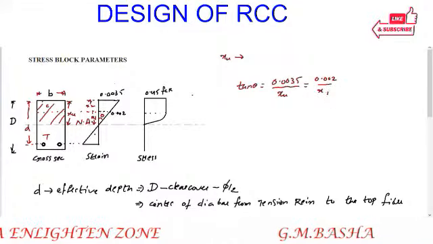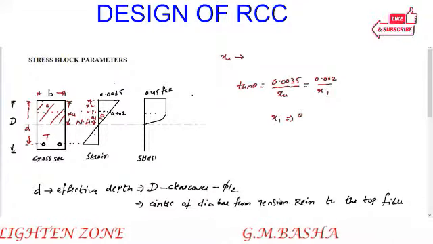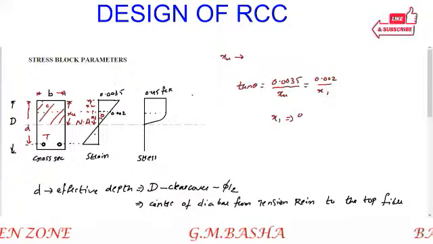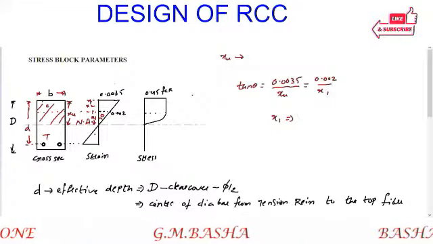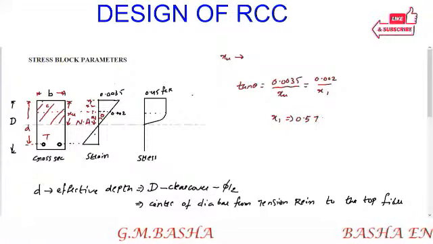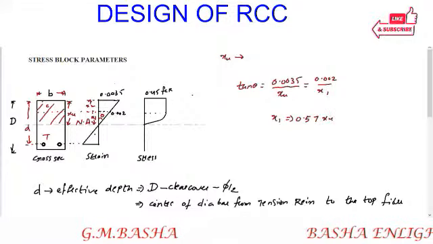If I take x1 outside and simplify this directly, you will get 0.57 XU, in terms of XU.